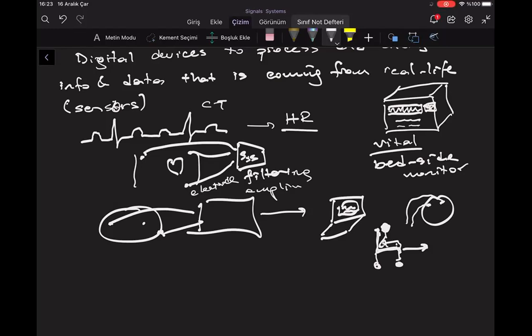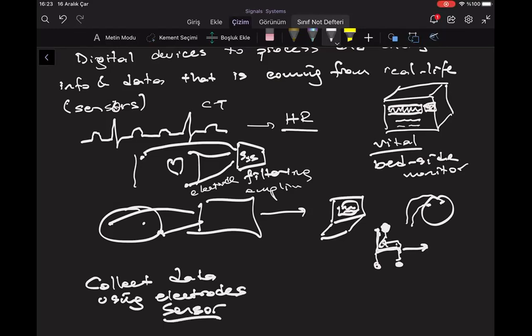Electrical wheelchair, for example. So what do I need to do? I need to collect data using electrodes. In general, sensors. You know, we have a capsule next year.